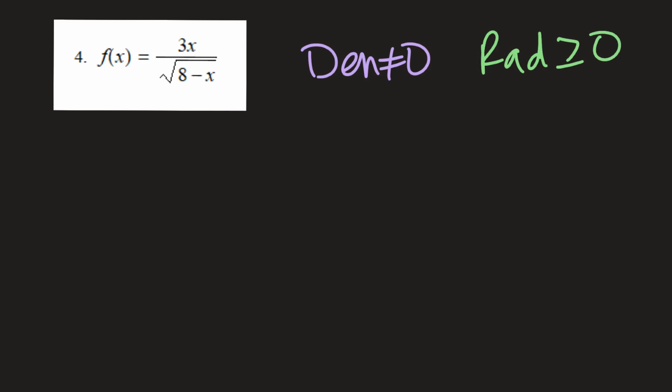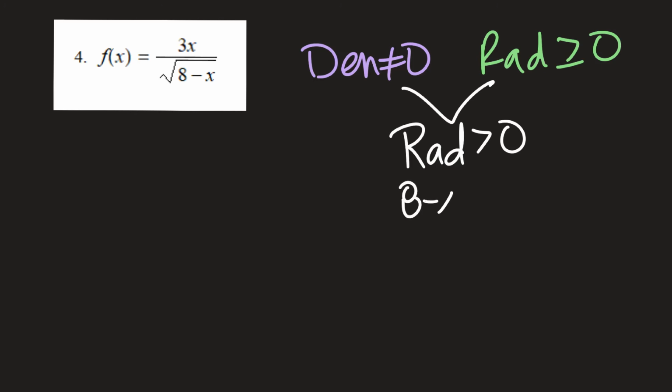So the last one is more basic than the first, obviously. The denominator can't be equal to 0, and you also have that the radicand has to be greater than or equal to 0. These two can be resolved in one because they're both in the bottom, so the radicand has to be greater than 0. The radicand can't be equal to 0 simply because the denominator can't be 0, not because we can't take the square root of 0.